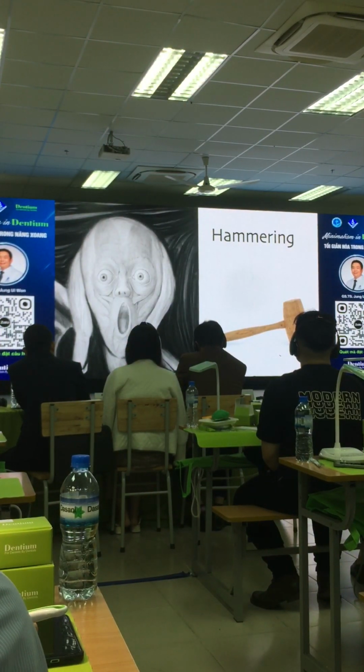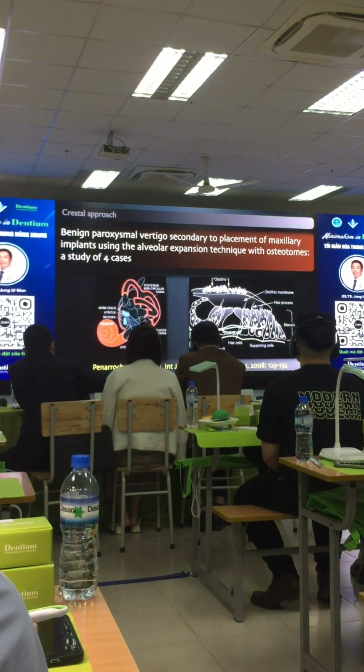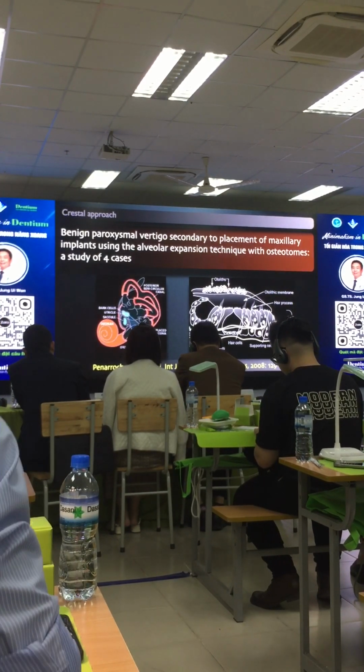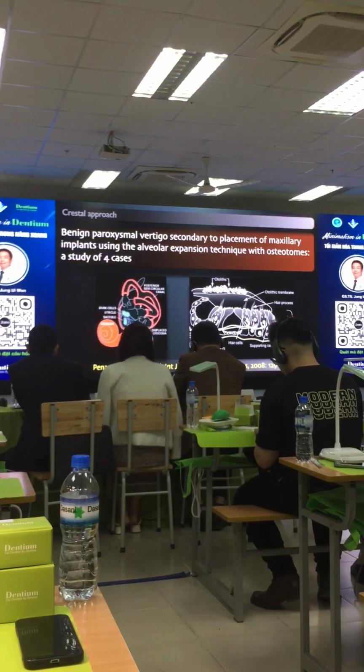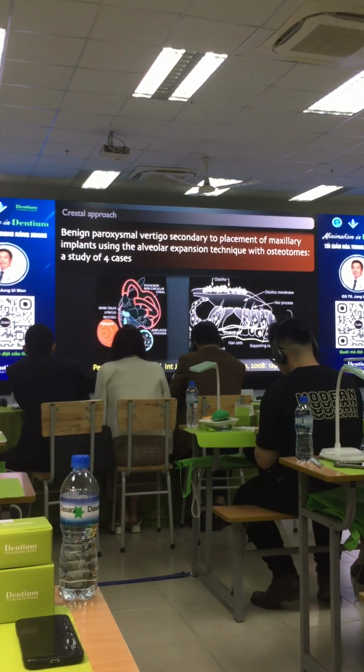However, excessive use of the mallet during the use of osteotome can be unpleasant for the patient. And in severe cases, it can cause displacement of the otolith with damage to the vestibular function, resulting in paroxysmal positional vertigo.